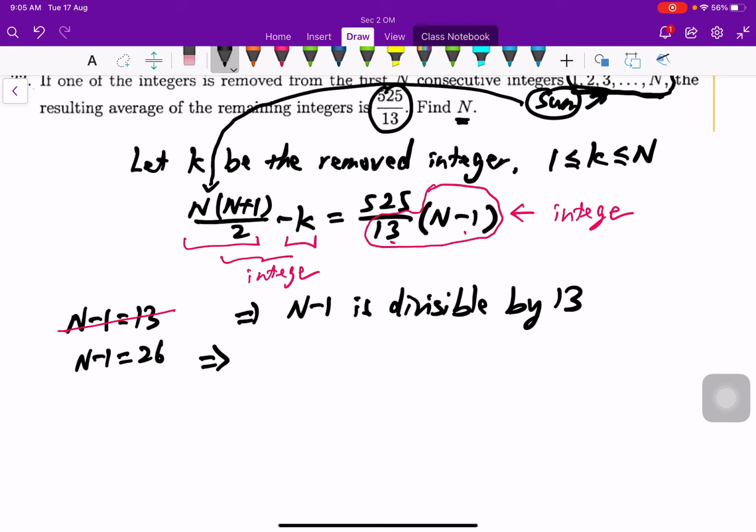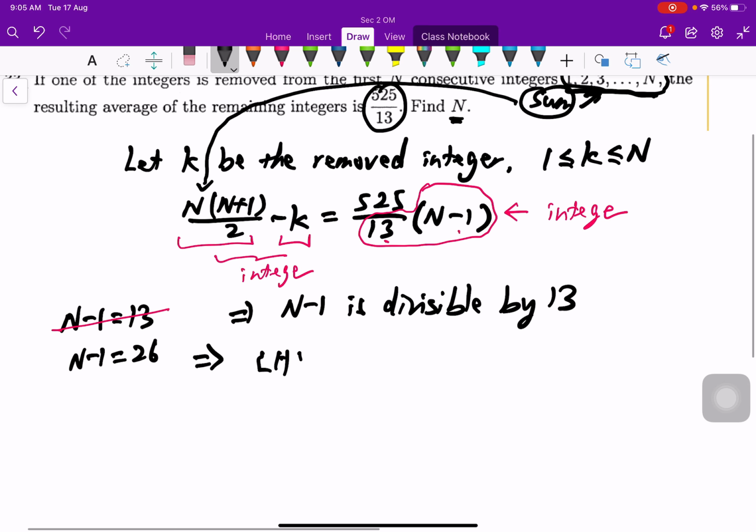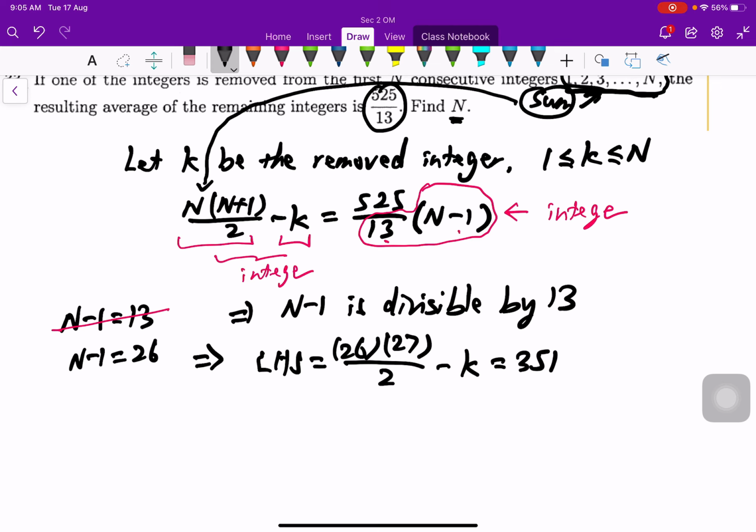That means in this case, the left hand side is 26 multiplied by 27 divided by 2 and then minus k, and what you get is 351 minus k.